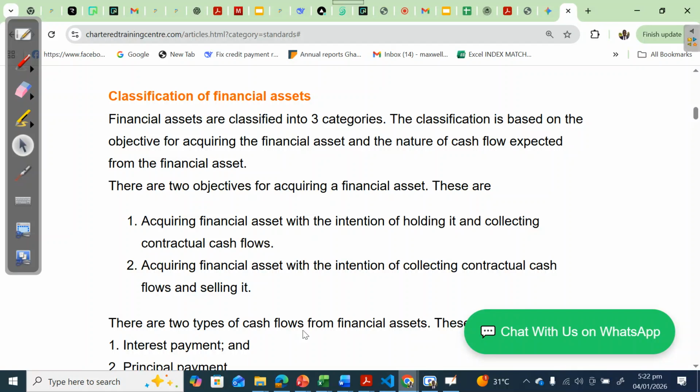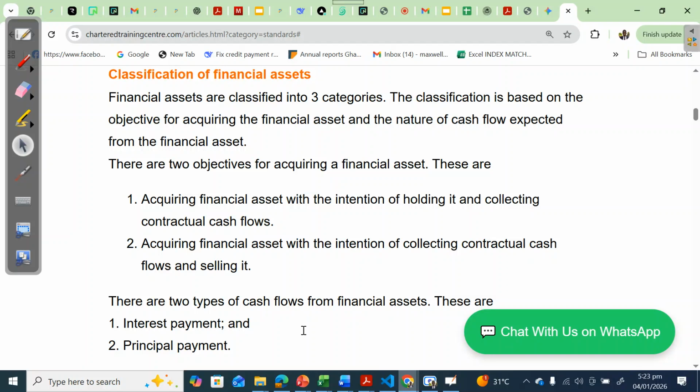Every year you receive some interest on the bond. That's your objective. The objective of holding the financial asset is that you acquire it with the intention of holding it and collecting contractual cash flows.